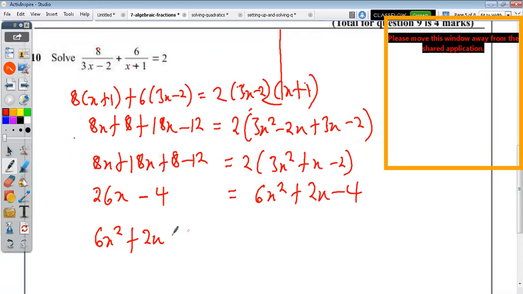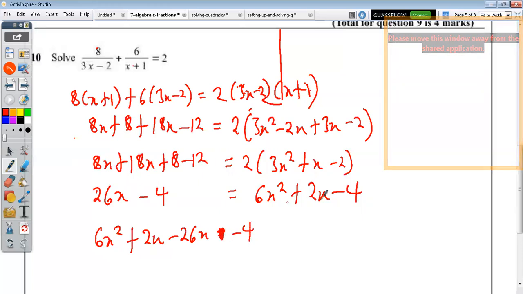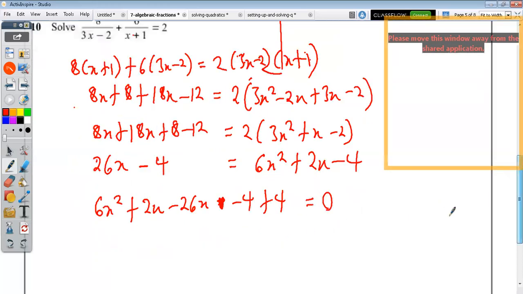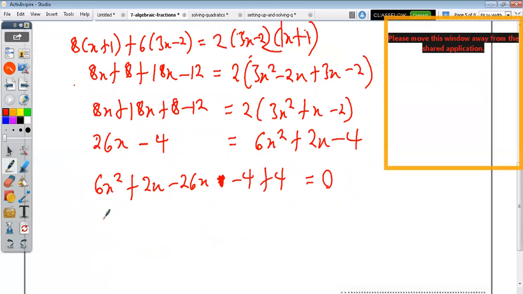If you bring the 26x here, it becomes a minus 26x on the other side, is equal to minus 4 here. Bring this the other side, it becomes plus 4, is equal to 0, or it actually eliminates that. So 6x squared, 2 minus 26 is minus 24x, is equal to 0.